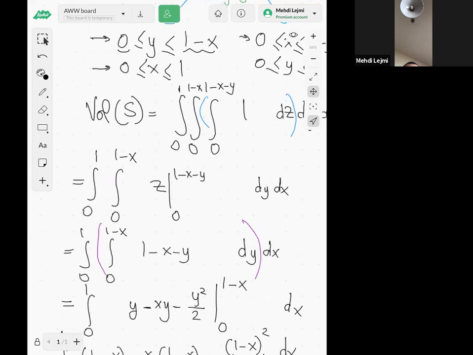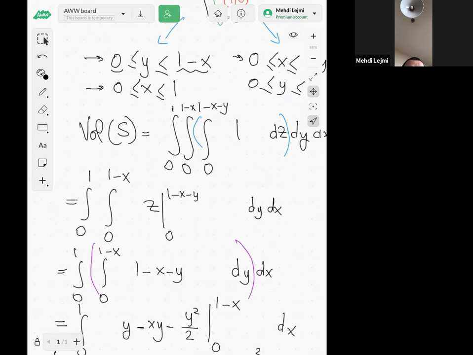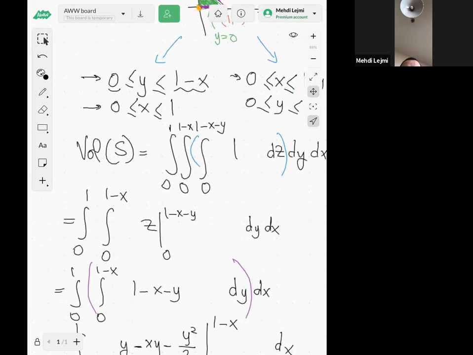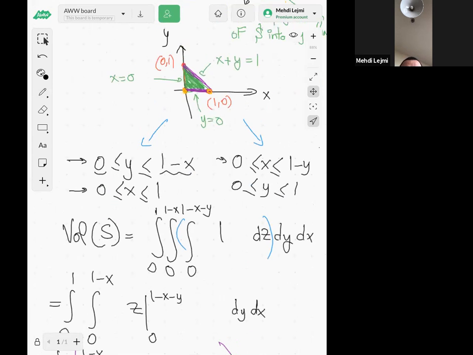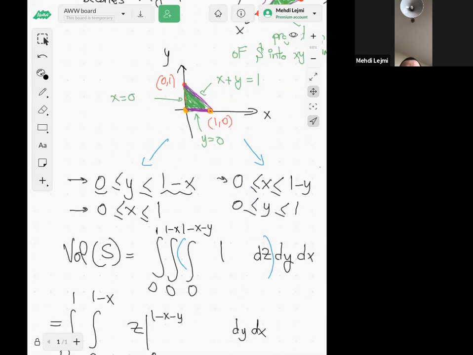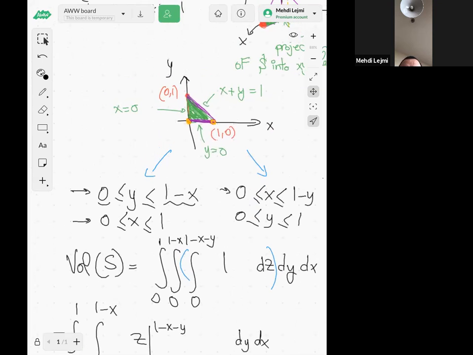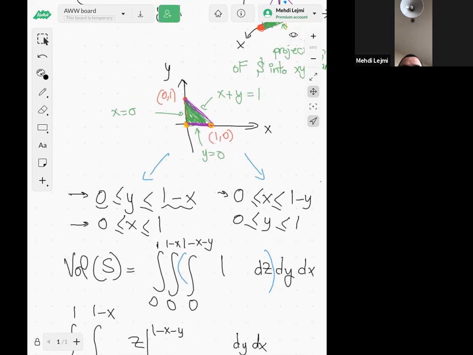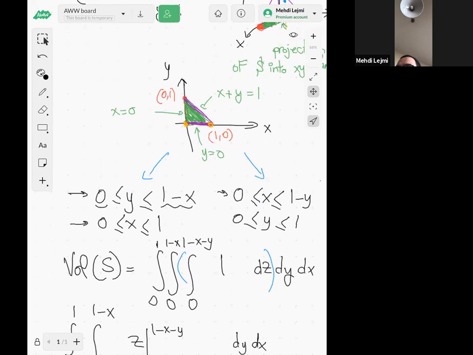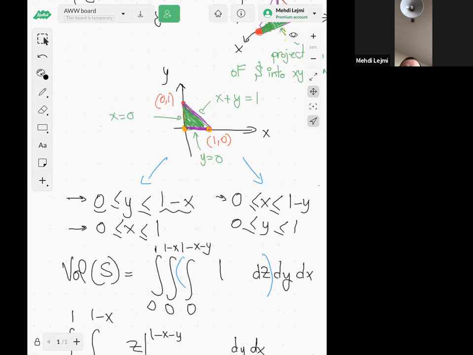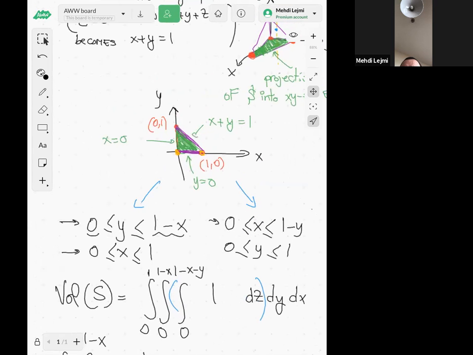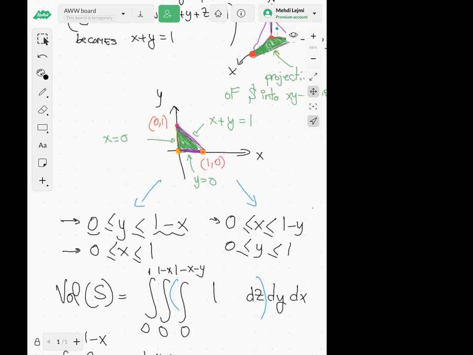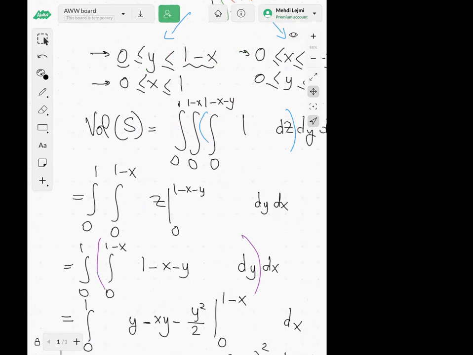I would say the problem here is really to find the bounds. That's the hardest part. Otherwise, once you get the right bounds, you're good to go. Is there any question about this particular example before the next one? No? Okay.